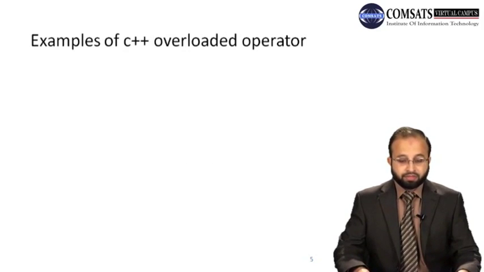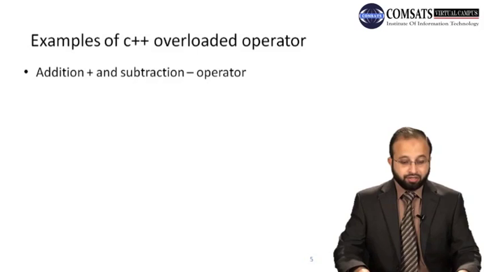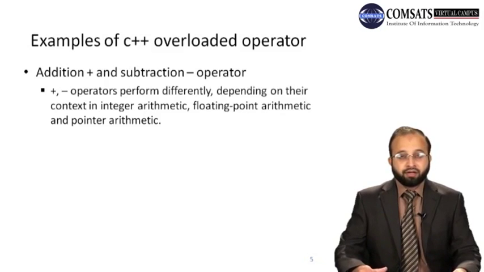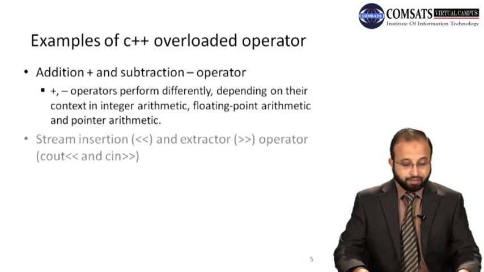Examples of C++ overloaded operators are the addition and subtraction operators. So you can perform the addition of two integers, two floating point numbers, and two pointers. When you perform arithmetic addition on pointers, it has a different effect as compared to the addition of two integers. So that means the addition operator is already overloaded, and the same is the case with the subtraction operator.